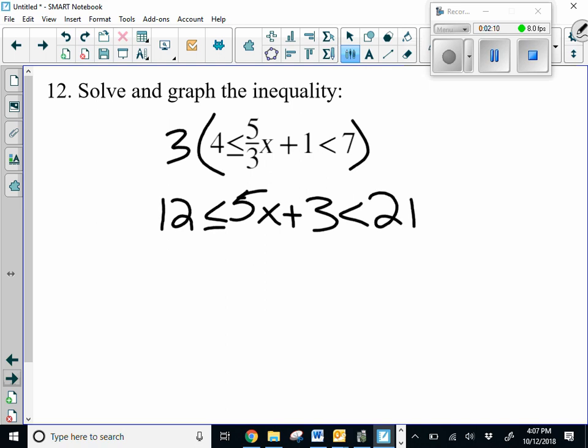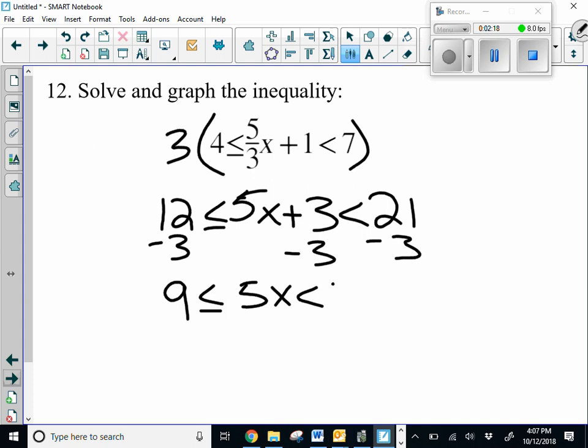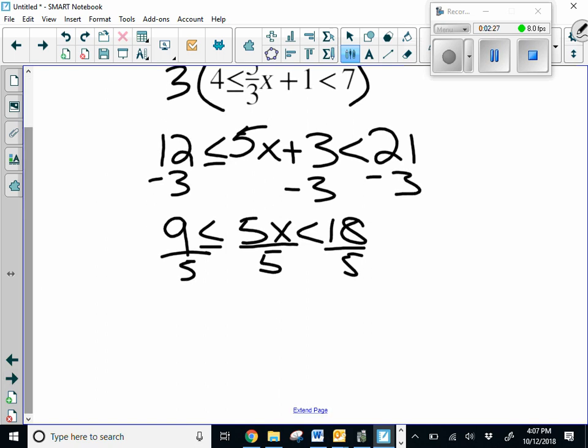Subtract 3 from all 3 pieces, right? It's not just 2 sides now, it's the middle and the 2 ends. So we'll have 9 is less than or equal to 5x is less than 18. And then we'll divide everything by 5, and we'll get x in the middle, and we'll have 9/5 is less than or equal to x is less than 18/5.